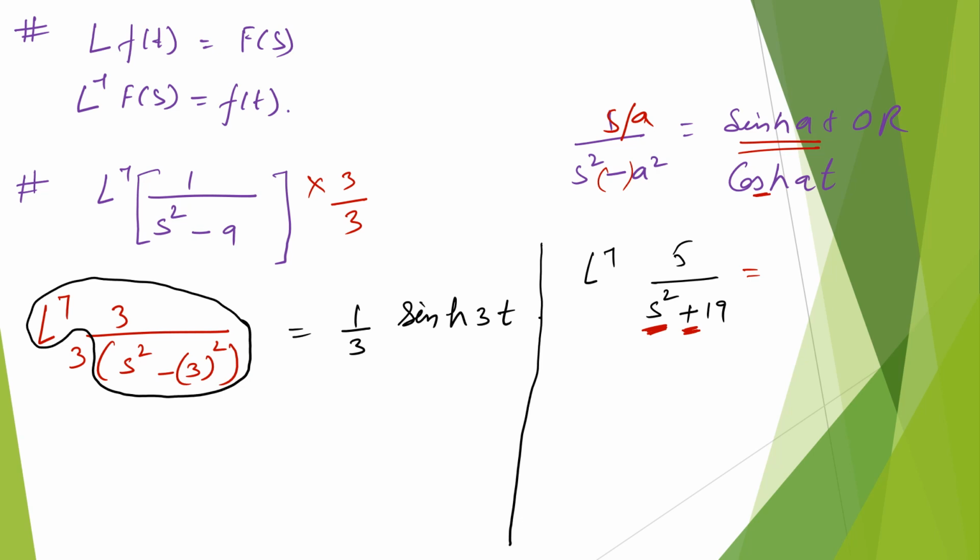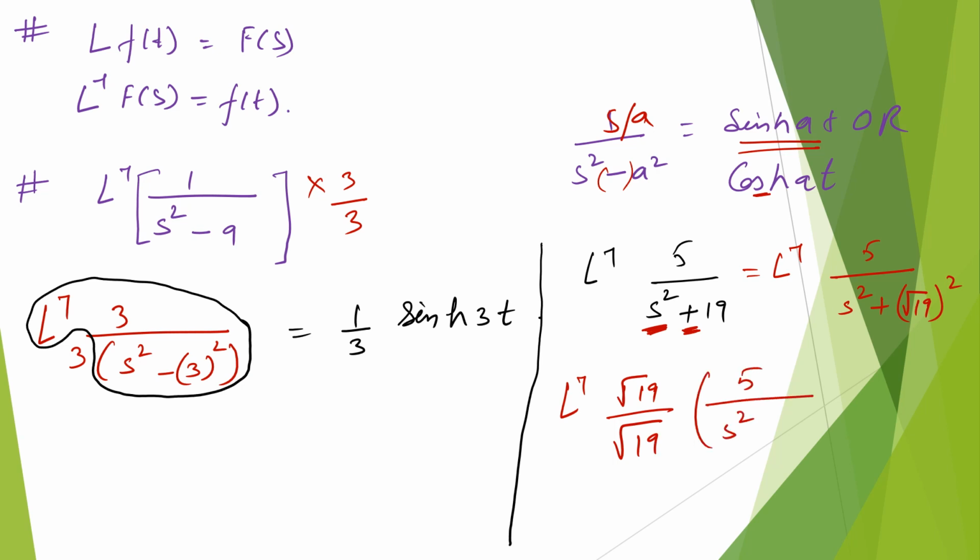So can we say that the Laplace inverse of 5 over s square plus under root 19 square. We are not allowed to multiply and divide by small s, but we are allowed to multiply with under root 19 and divide by under root 19. So we get 5 over s square plus under root 19 whole square.